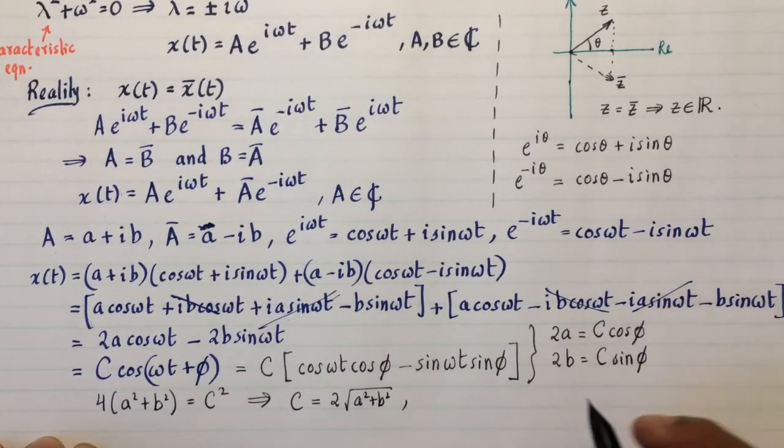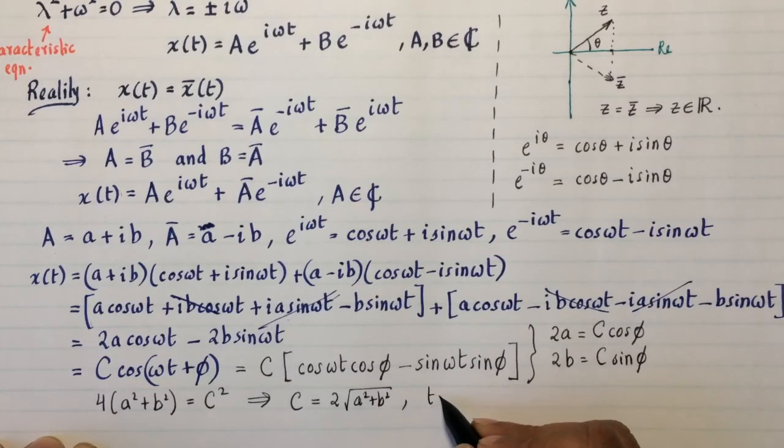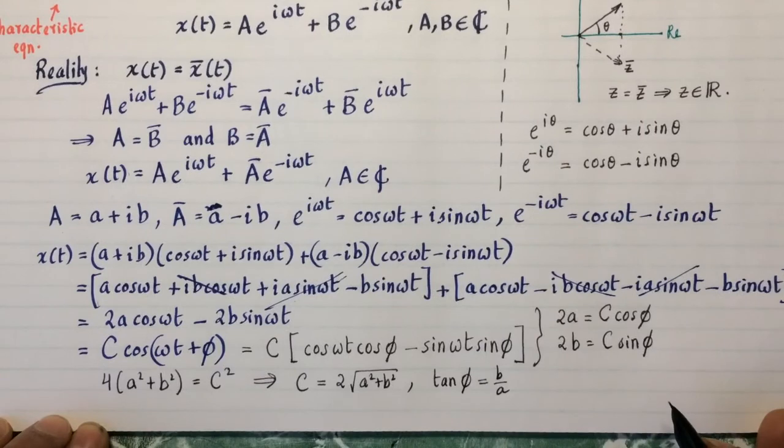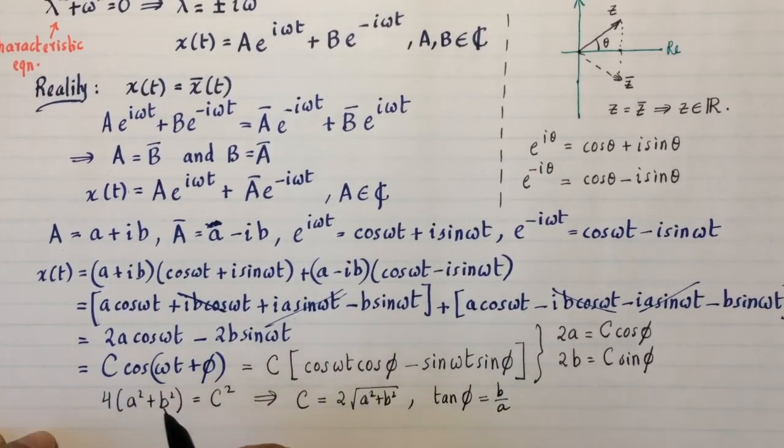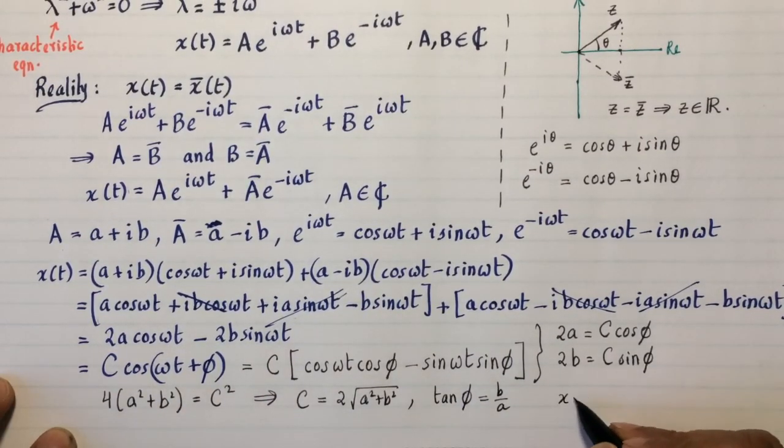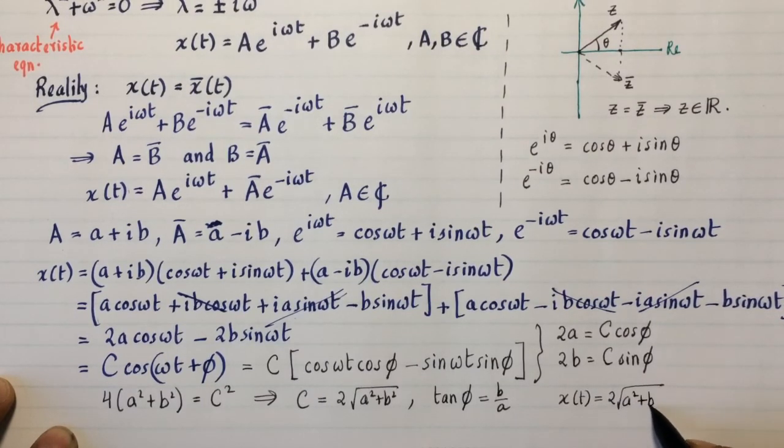I'll divide the second equation by the first equation, so I'll get tan phi equals b over a. So I can also write this equation as x of t equal to 2 root a squared plus b squared times cosine of omega t plus tan inverse b by a.